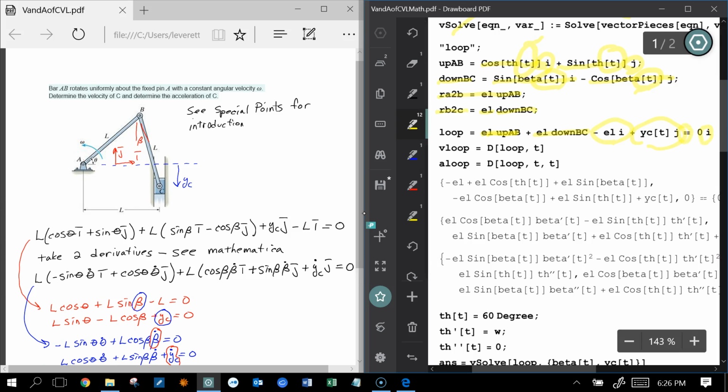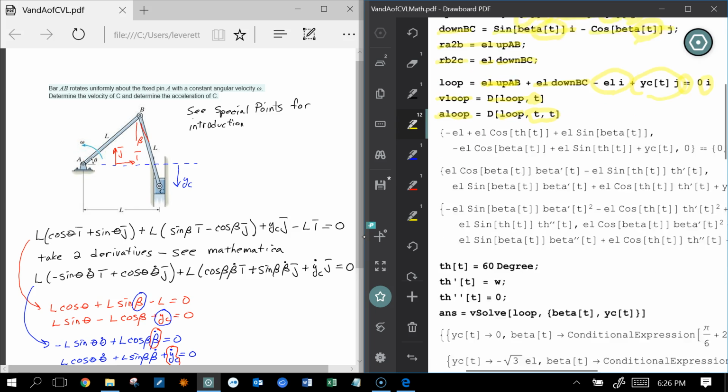And don't forget, it's a 0 vector, so it's 0 times I. Okay, the V loop, the velocity loop, is the first derivative, only one t here, first derivative of the loop. The A loop is the second derivative, see the two t's, second derivative of the loop. It's also the first derivative of the V loop.